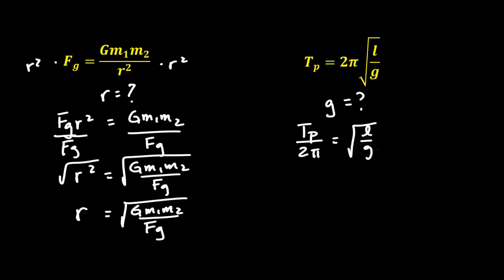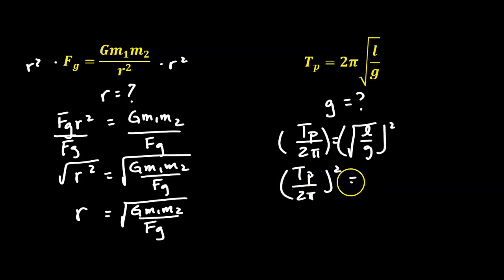I want to get the G out of the square root, so I'm going to square both sides, and that's going to get rid of that square root. So I'm going to get TP over 2 pi squared, and that gives me L over G. Now notice G is in the denominator.